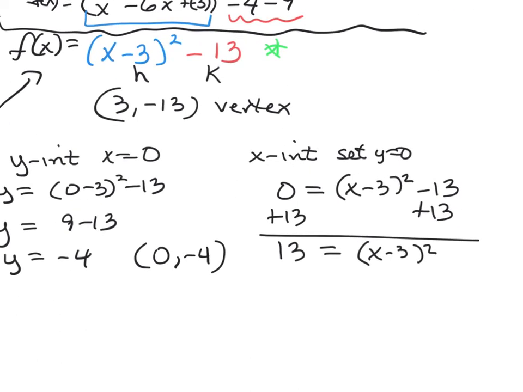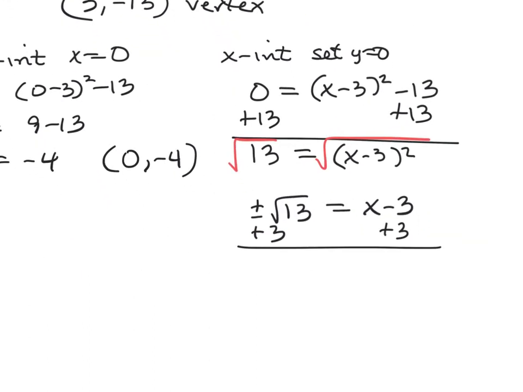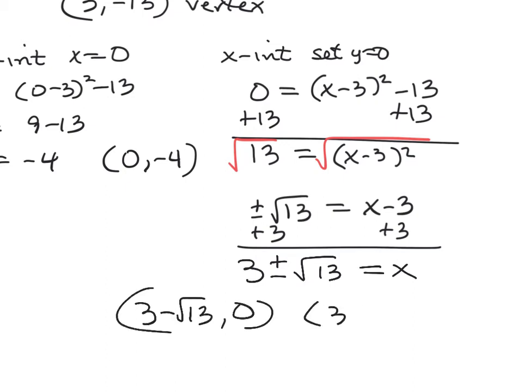I'm going to do the square root method, and now I just end up with plus and minus square root 13 equals x minus 3, move the 3, and now I get 3 plus and minus square root 13 equals x. So again, as ordered pairs, you would get this, and you would get this. So these are your x-intercepts.